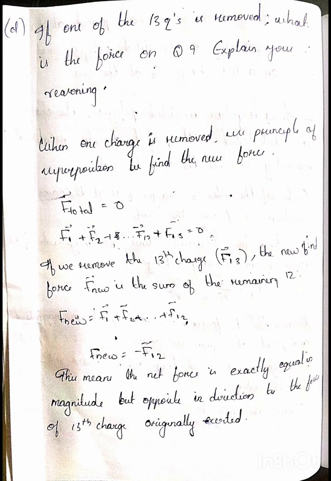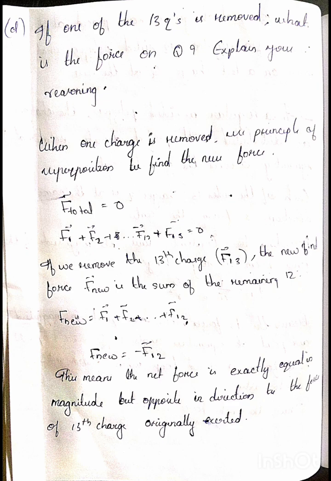Second part of the question: if one of the 13 Q's is removed, what is the force on q? Explain your reason. Answer: when one charge is removed, use the principle of superposition to find the new force. F total is equal to F1 plus F2 plus etc. plus F12 plus F13, which is equal to 0. If we remove the 13th charge, F13, the new force F new is the sum of the remaining 12.